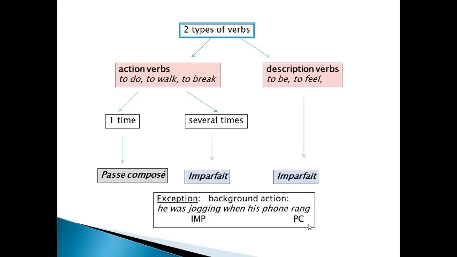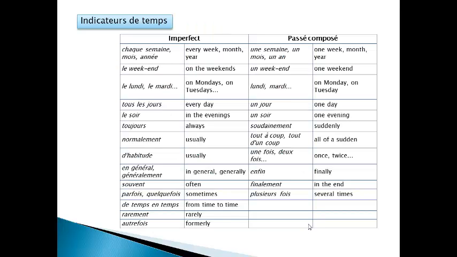Another thing that can help you decide what is passé composé and imparfait is time markers. Let's go over them. The ones that are imparfait are going to be more for things that repeated themselves, whereas passé composé is more like a one-time thing, or a numbered amount of times. On y va.